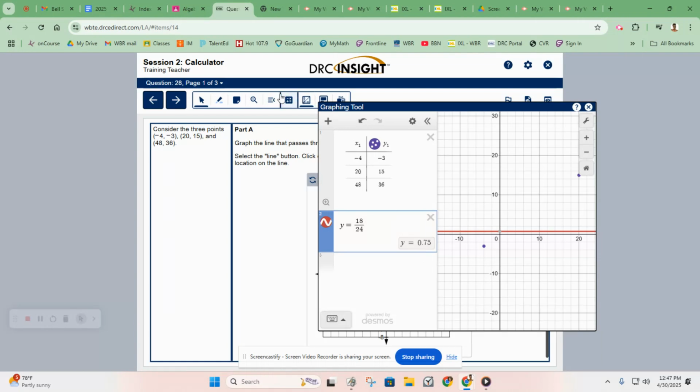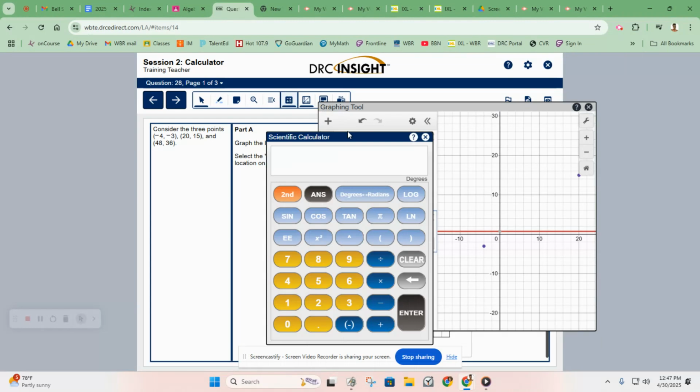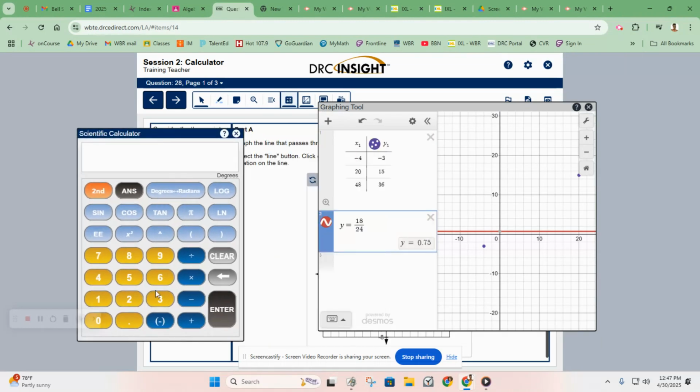So we can use our other calculator here. This doesn't have a fraction button, but what I can do is see if I can simplify 18 over 24. What number is a common factor of 18 and 24? Let's see, 3 would go into both.